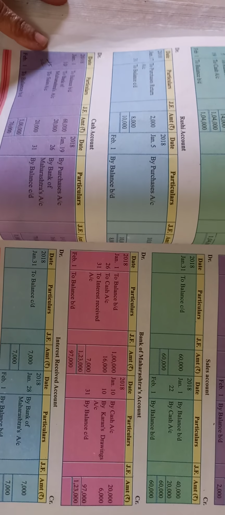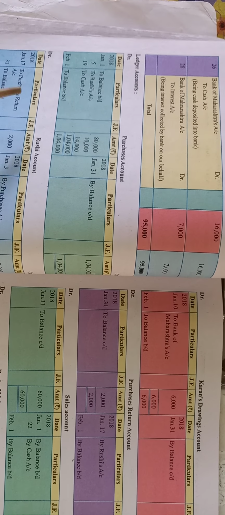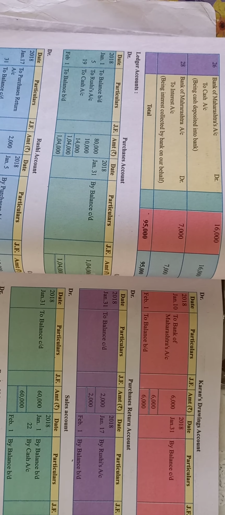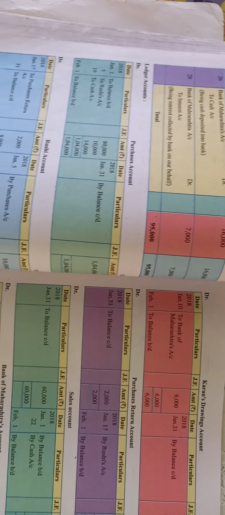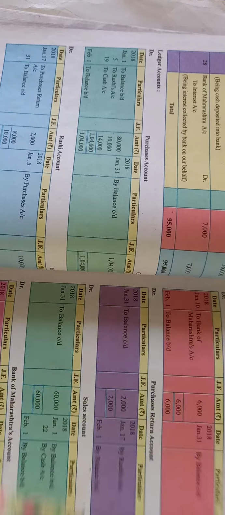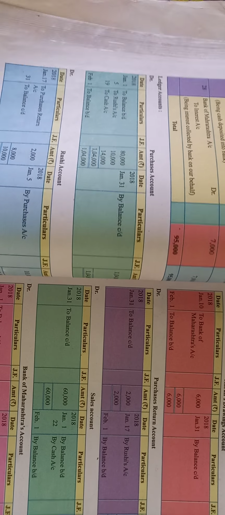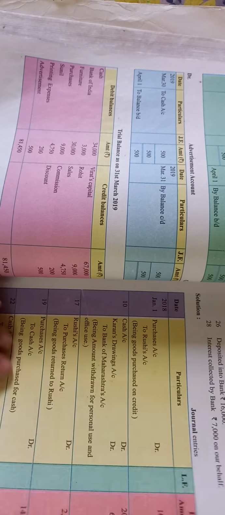Then come to the 26th date transaction, that is Bank of Maharashtra account debit to cash account credit. So Bank of Maharashtra account, here we have already opened Bank of Maharashtra. Okay, so Bank of Maharashtra account debit 16,000. So in Bank of Maharashtra debit we are recording to cash account 16,000. But before that the balance is given.